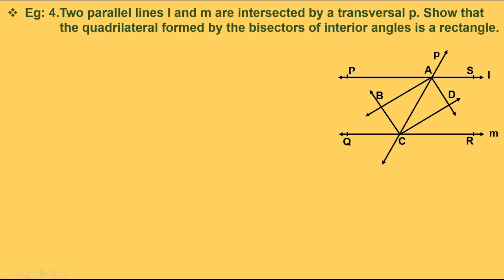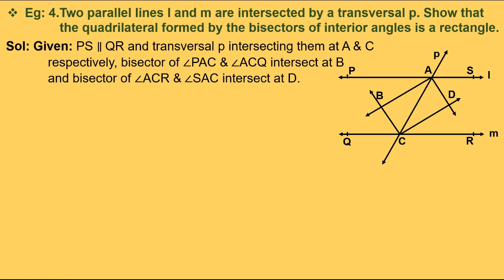Bisectors of angle PAC and angle ACQ intersect at B, and bisectors of angle ACR and angle SAC intersect at D. We need to show that ABCD is a rectangle.